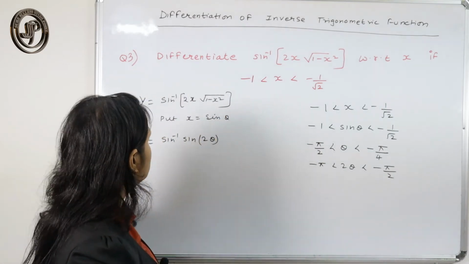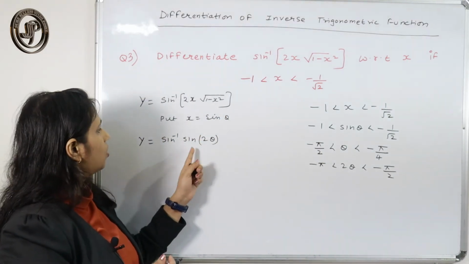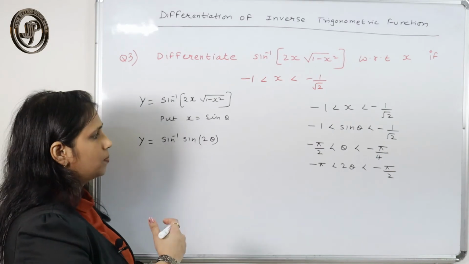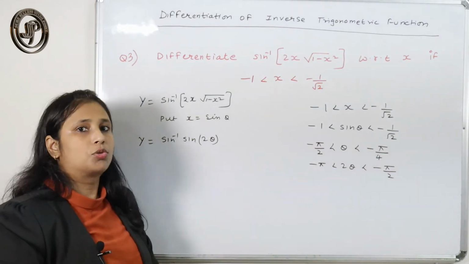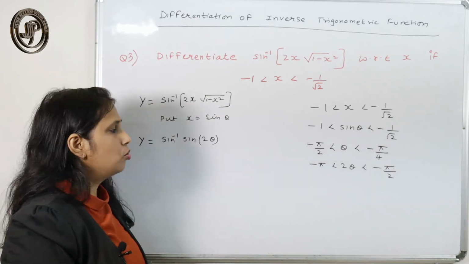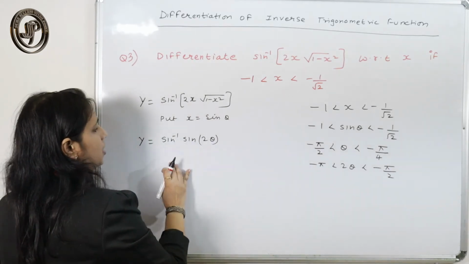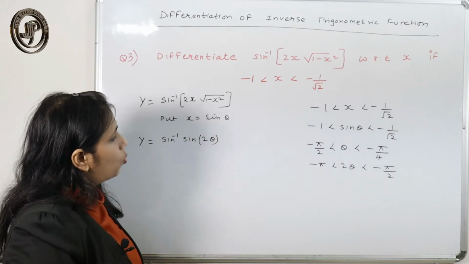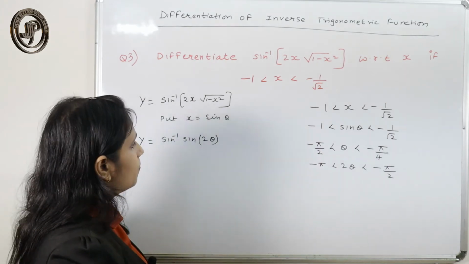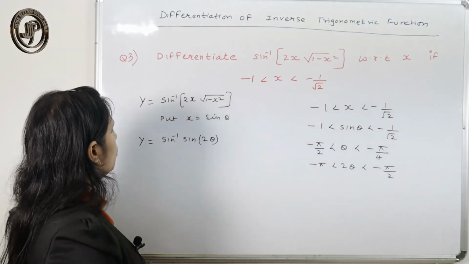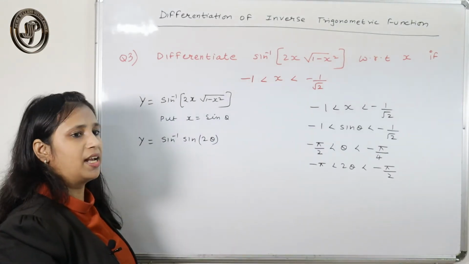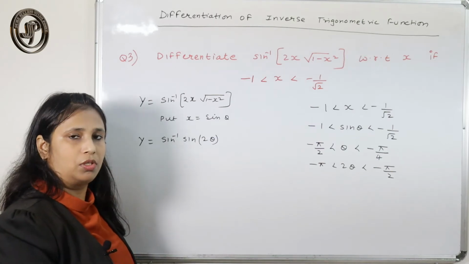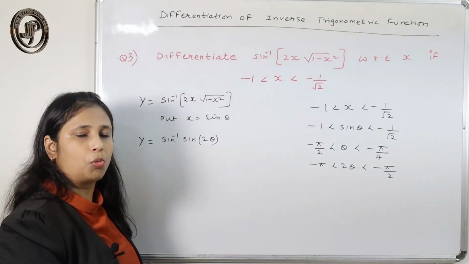So that is our range, that does not lie between minus pi by 2 to pi by 2, it lies from pi by 2 to minus pi. So it does not lie between minus pi by 2 and pi by 2, so you can't write sine inverse sine 2 theta as 2 theta. So what do we have to do in that case? We can write this sine 2 theta as sine of pi minus 2 theta, that we did in the previous question.